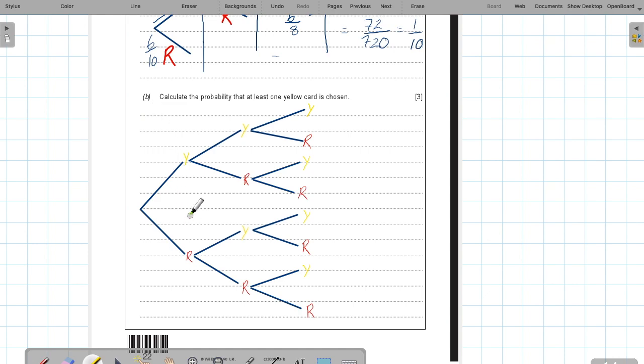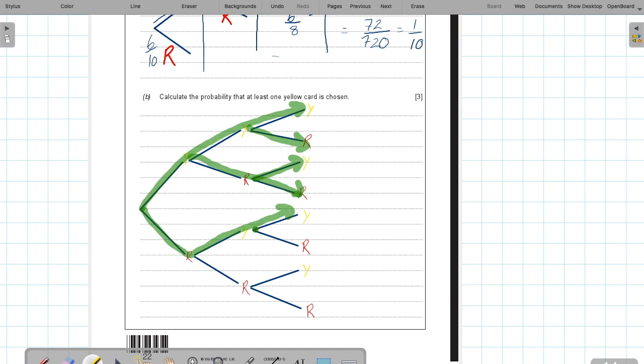So we could get that by going down the tree this way. This whole side of the probability tree, we start off with a yellow, so every single outcome we have at least 1 yellow. Red, yellow, yellow, so we've got at least 1 there.